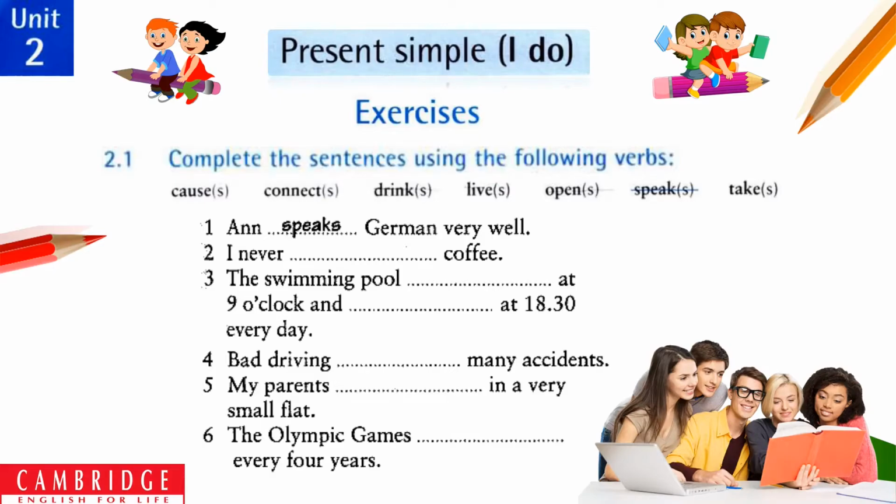What appropriate verb will fit the context? You have picked speak because it is talking about a language: speaks German very well. The same way, you need to read and understand the sentence, and then pick the verb you can write appropriately, and write it grammatically correct.